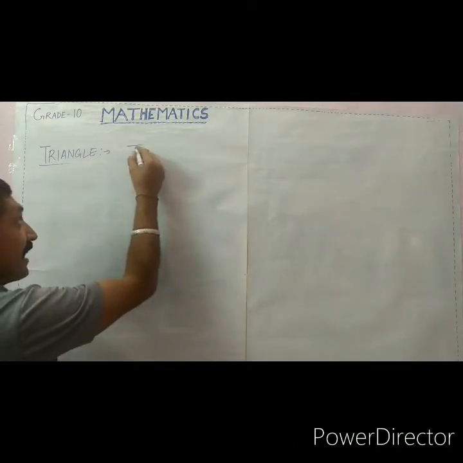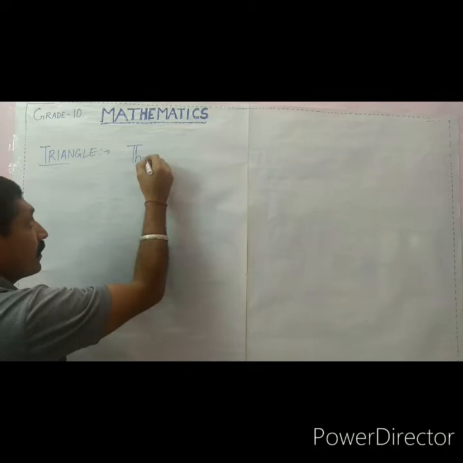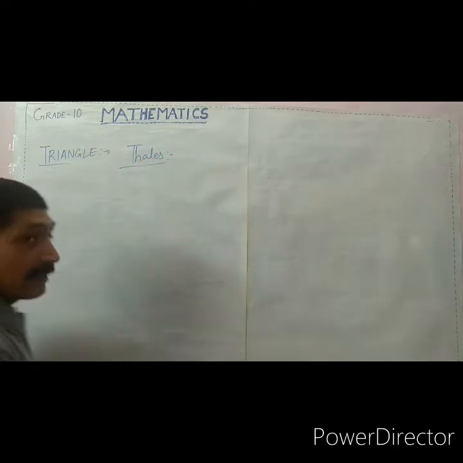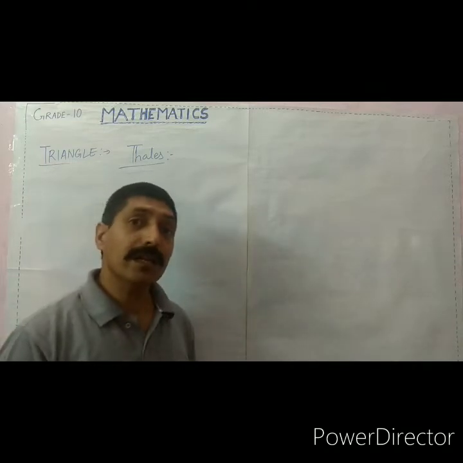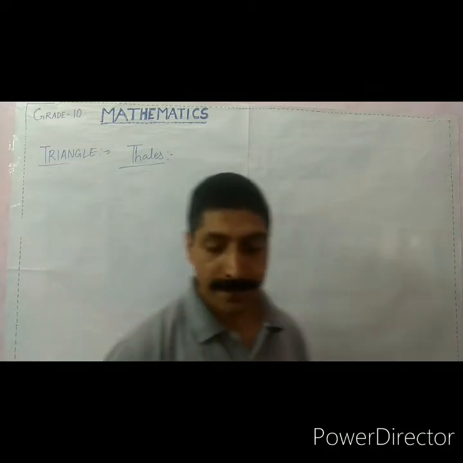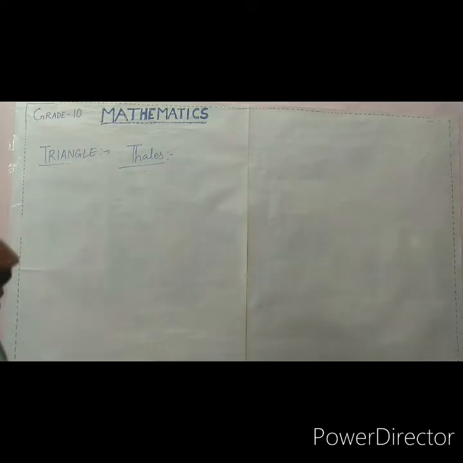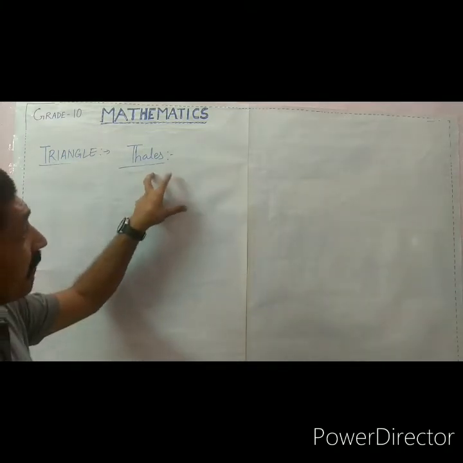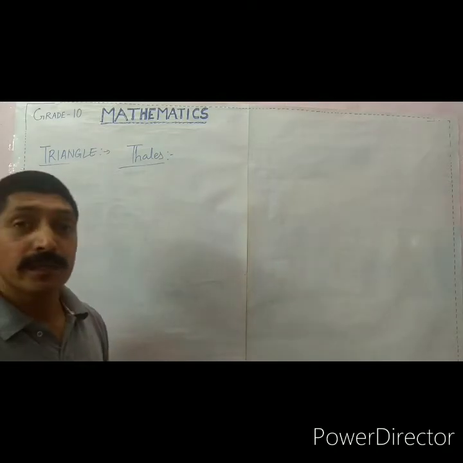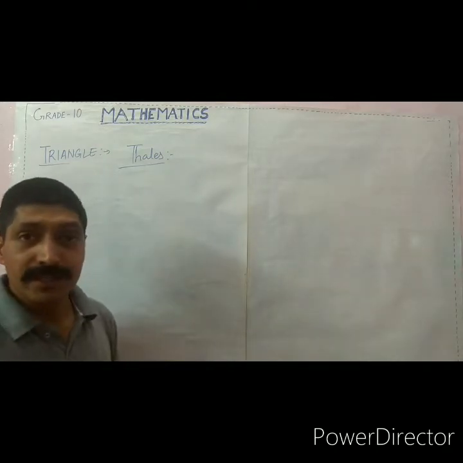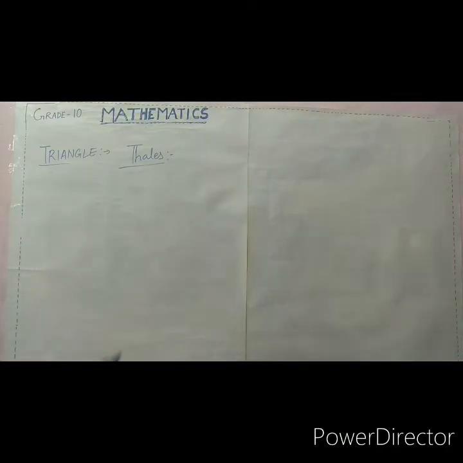The mathematician's name is Thales. Thales was a very famous Greek mathematician, and he gave a very important property of two equiangular triangles.